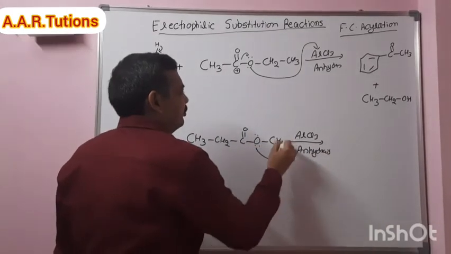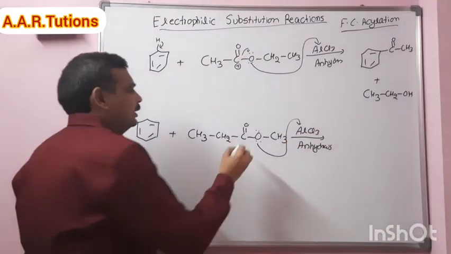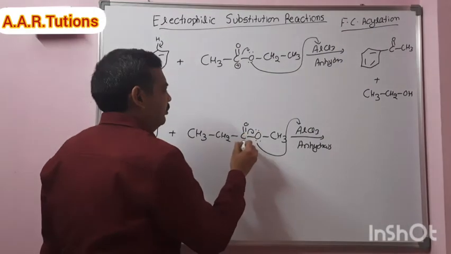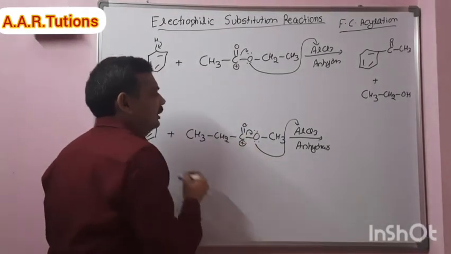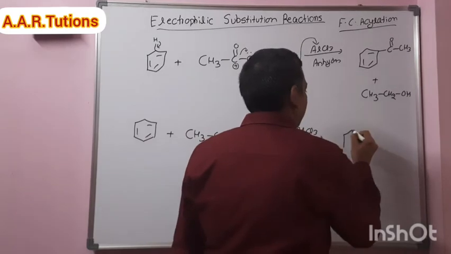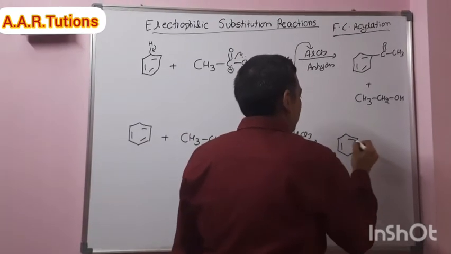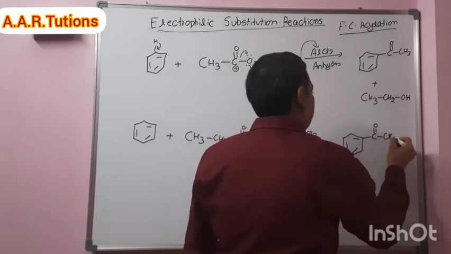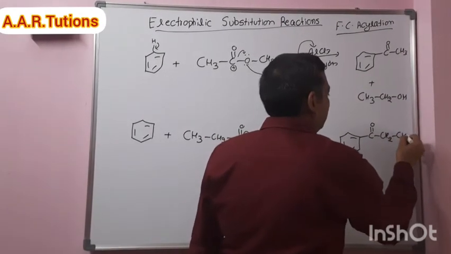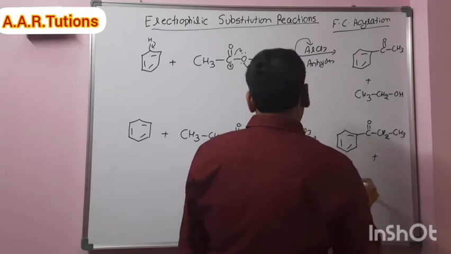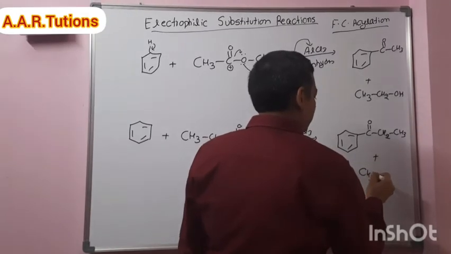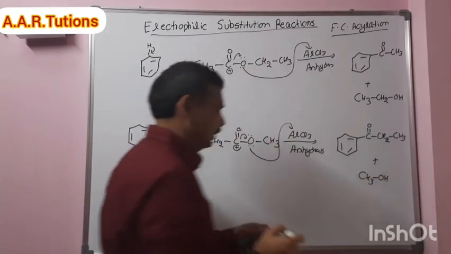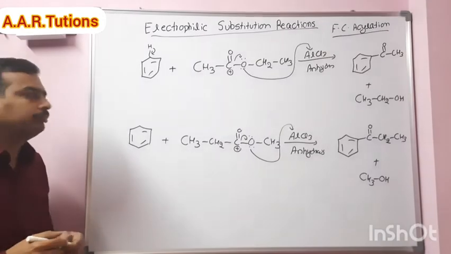Lone pairs form a complex with AlCl3. Shift of electrons towards oxygen, positive charge. This is the electrophile that will attack on benzene. The product is CO, CH2, CH3, and the side product is methanol, CH3OH.